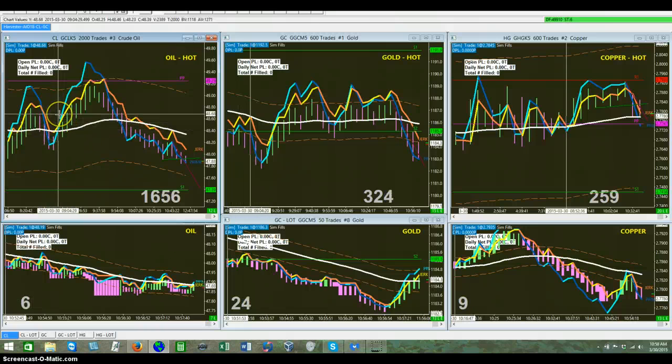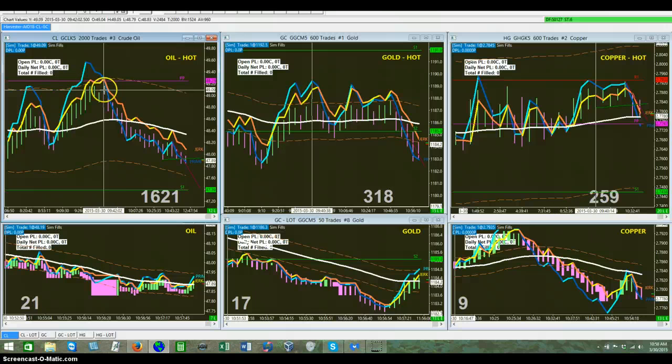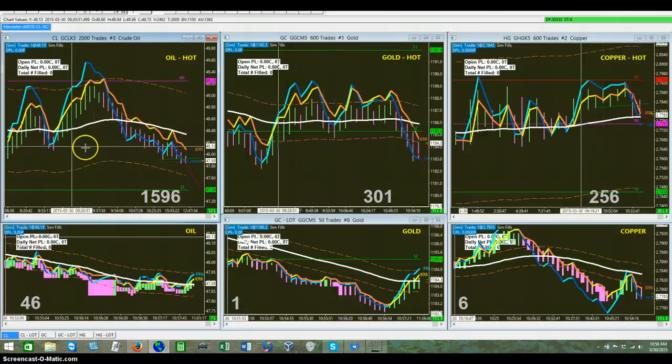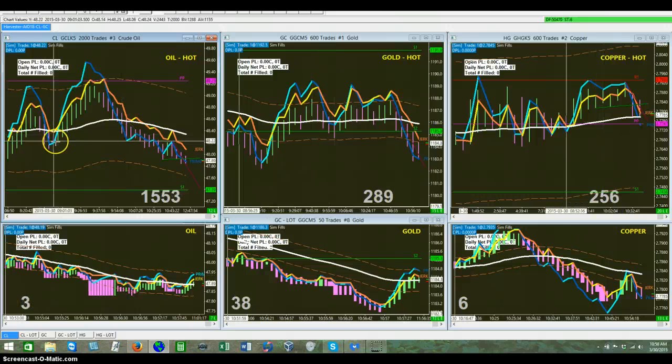The prime crossing through the jerk, second occasion. The prime crossing through the jerk, first occasion here. The prime crossing down through the zero, second occasion. And that's how you spot and watch for the opportunities.